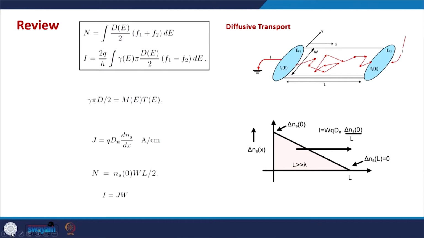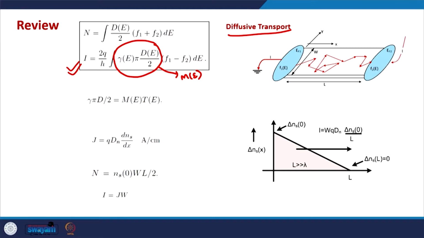Essentially, we had this with us. We had this expression for the steady state electronic population and steady state current from the general model of transport. We could see that in the case of ballistic transport, this term is the number of modes in the device. But when we have a diffusive transport scenario in which electrons are colliding with intermediate atoms, and they may be following a zigzag motion, the electron's energy may also change in the channel during the transport.